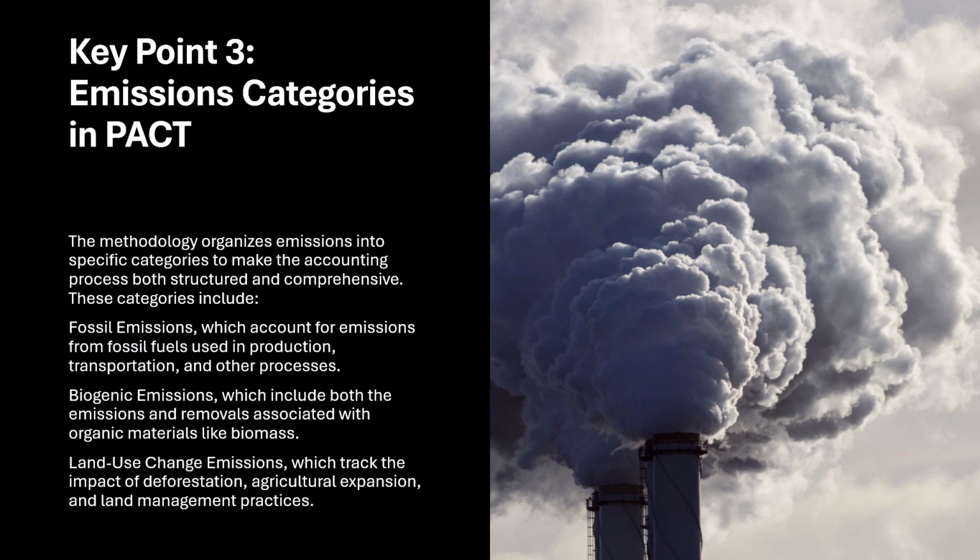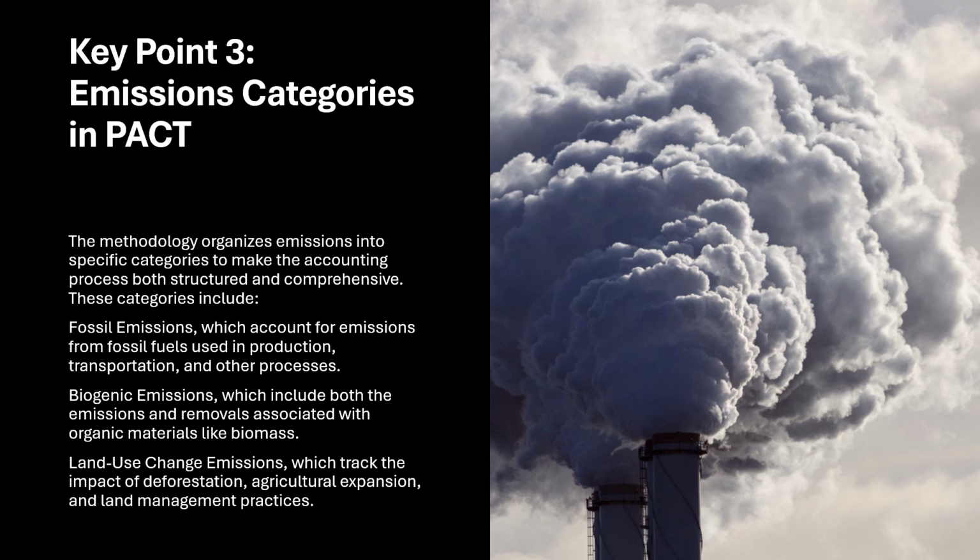Let's go to the next point, which is our key point 3, emissions categories in PACT. The methodology organizes emissions into specific categories to make the accounting process both structured and comprehensive.